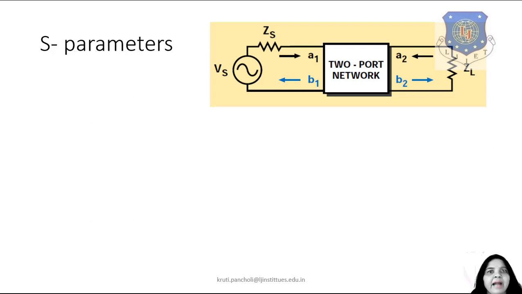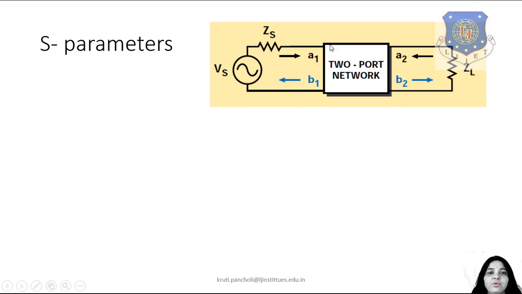We apply the input through some source and take the output from the load end. So we have a device which, as you can see here, is a 2-port network, with the source end and the load end.